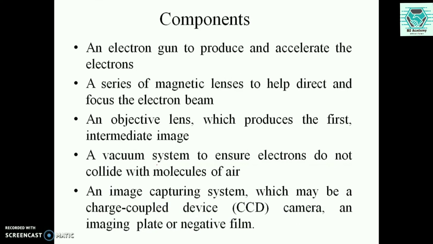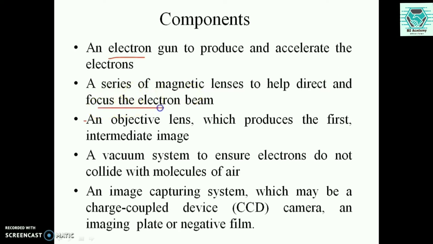Moving to the components, an electron gun produces and accelerates the electrons. A series of magnetic lenses help direct and focus the electron beam. Unlike the light microscope, here a beam of electrons is used.